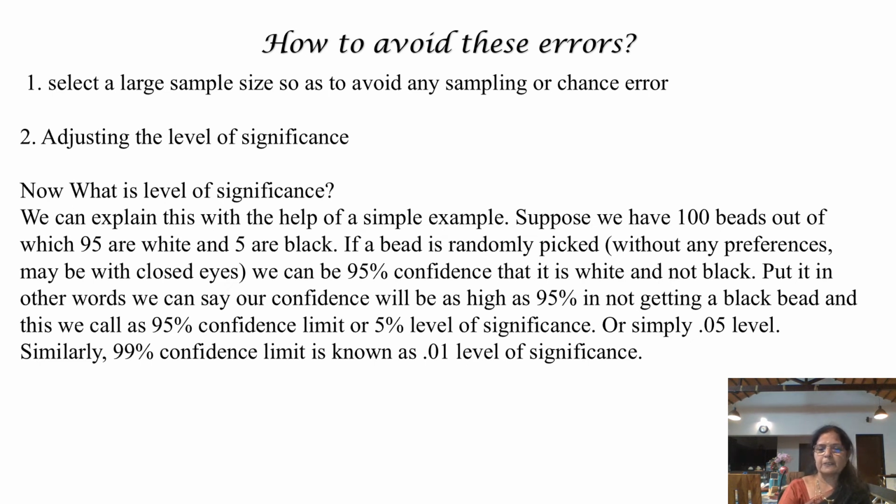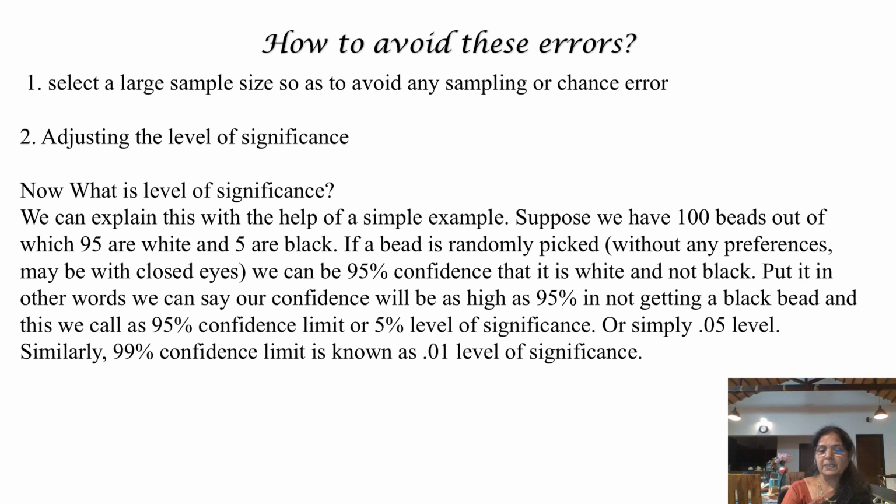It is 5%. And similarly, if my confidence level is 99%, when will it be 99%? When there are 99 white beads and only one black bead, then my level of confidence I can fix as 99% confidence limit, and my level of significance as 0.01.